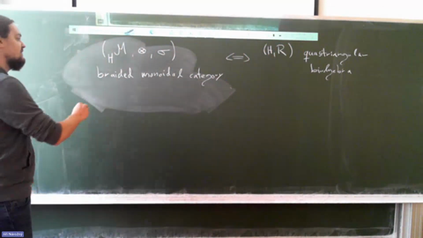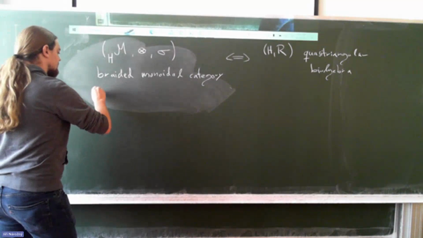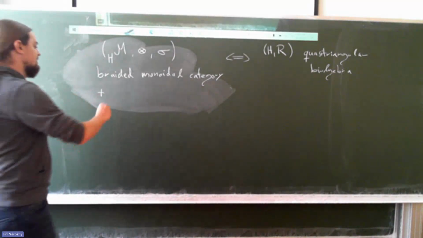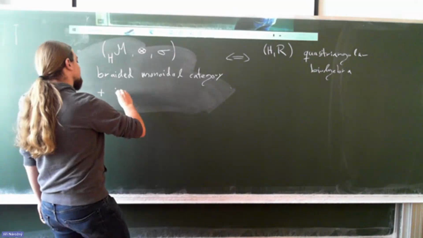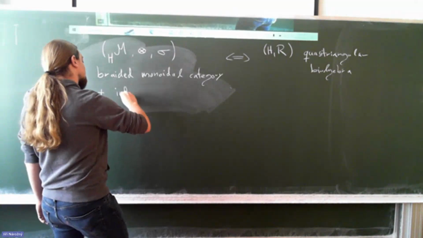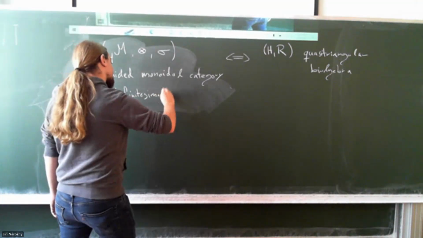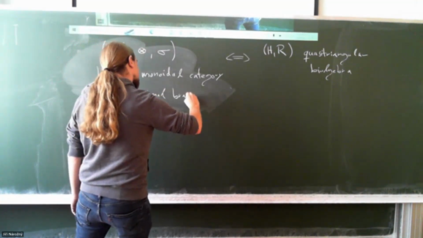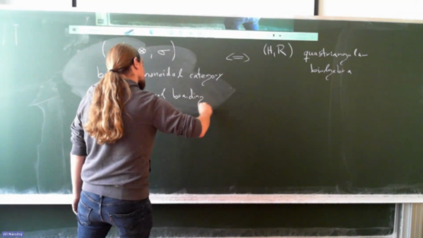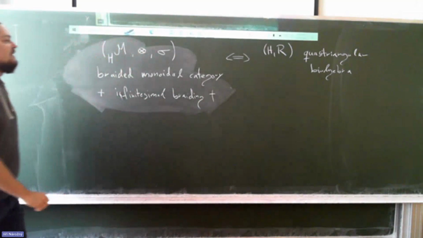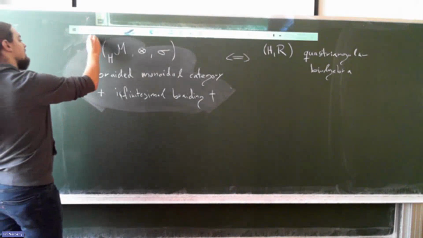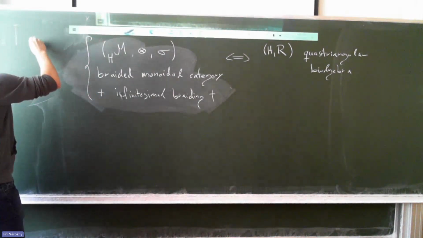I will have some extra structure map, and this will be an infinitesimal braiding, which we will call T, and then all of this data is what is called a free Cartier.